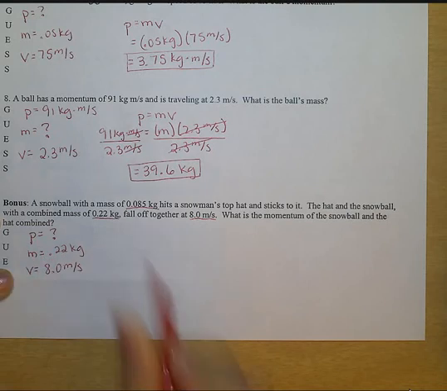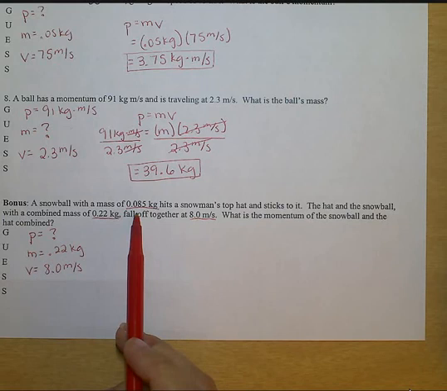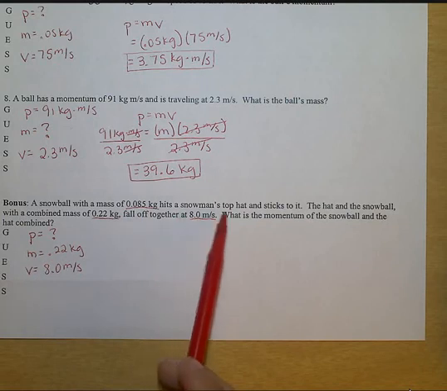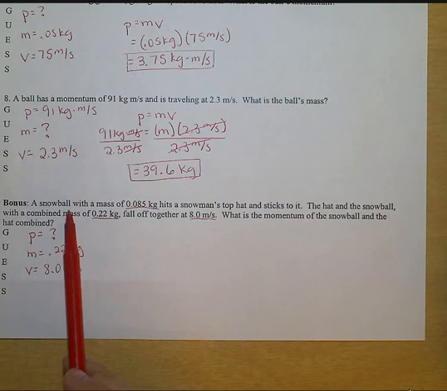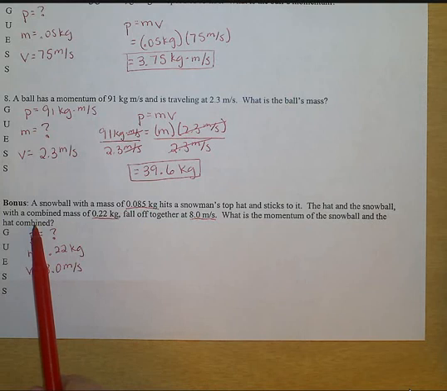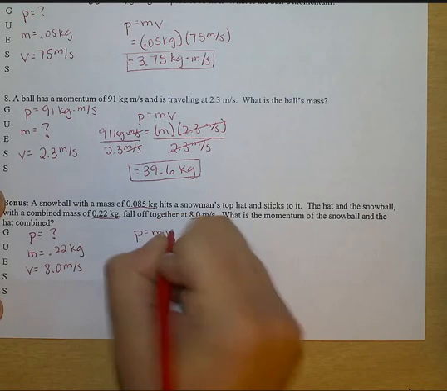The author's trying to distract us with this other piece of information. Now, if we needed to figure something out just about the snowman's top hat or the snowball, that would be very valuable. But since we're looking for the combined momentum of the snowball and the hat, we only need this number. So I'm going to go ahead and write in my equation.